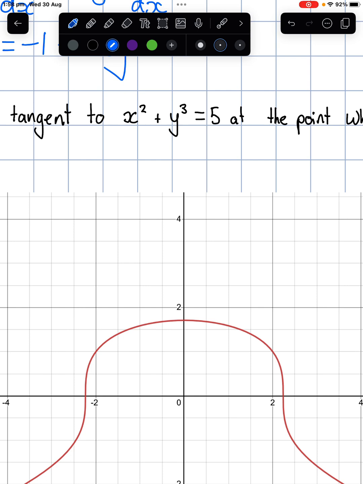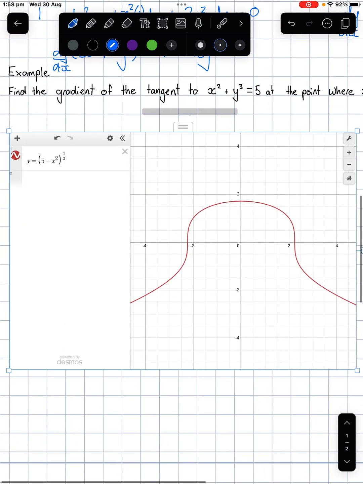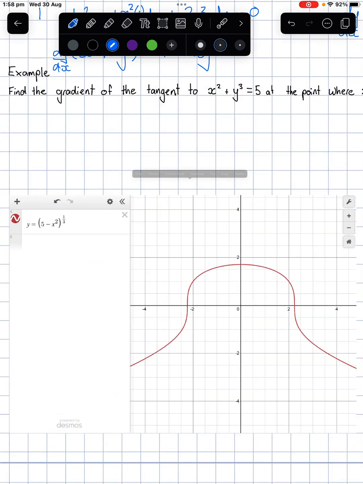So we've got d dx of x squared plus y cubed.